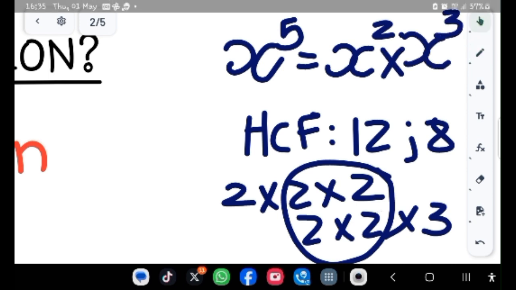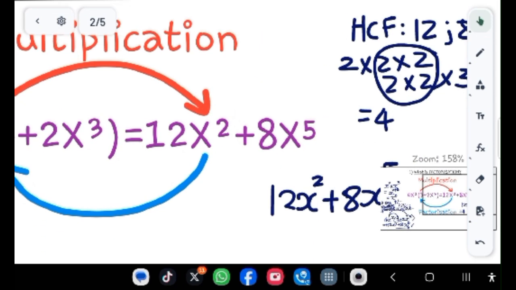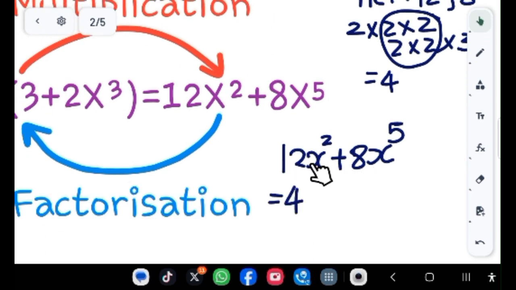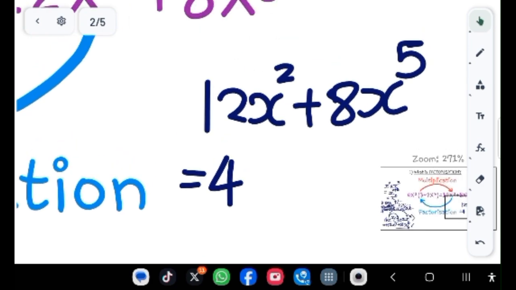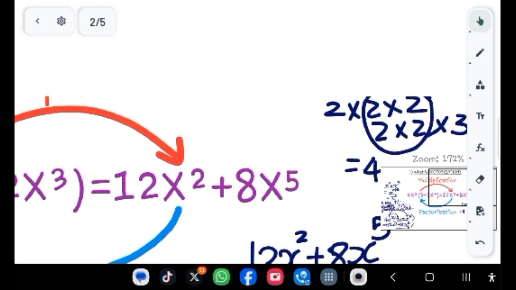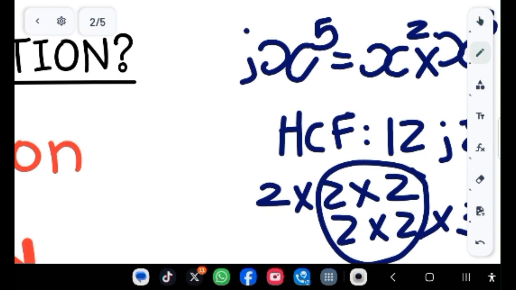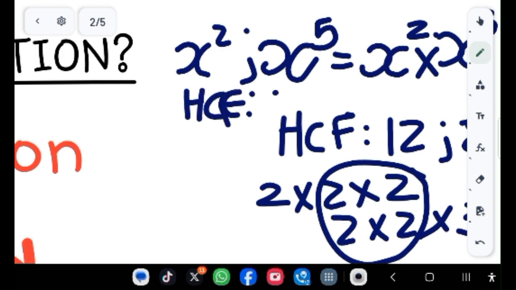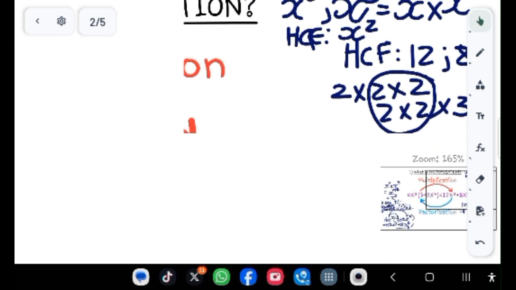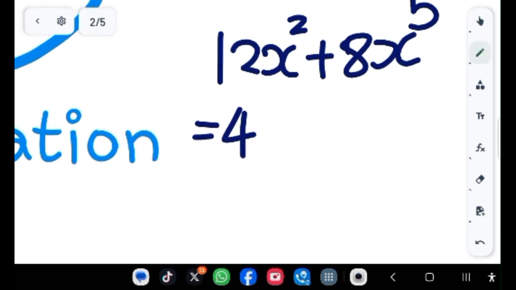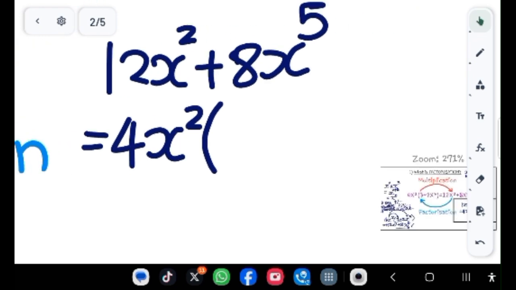So now this x to the power of 2 becomes the same common with this one. So now the highest common factor between the two is x squared. So you take that out, and the common factor of the whole thing now is 4x squared.